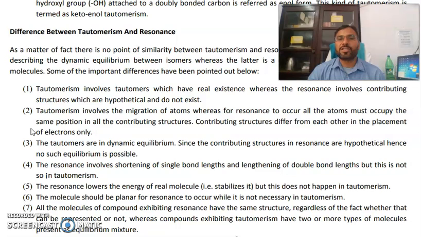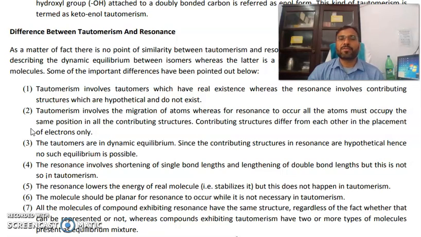Since the contributing structures in resonance are hypothetical, no such equilibrium is possible. Resonance involves shortening of single bond lengths and lengthening of double bond lengths, but this is not so in tautomerism. Resonance lowers the energy of the real molecule, or stabilizes it, but this does not happen in tautomers.